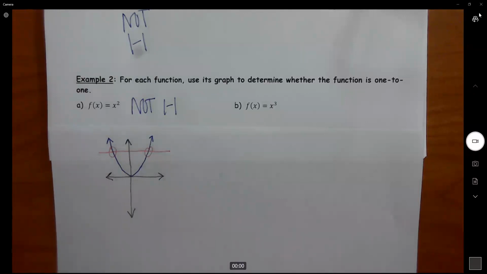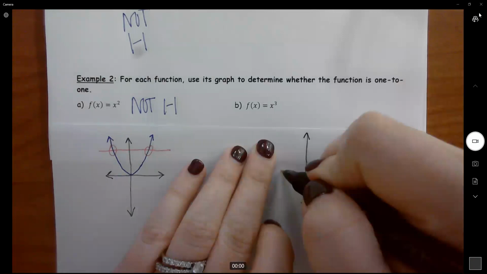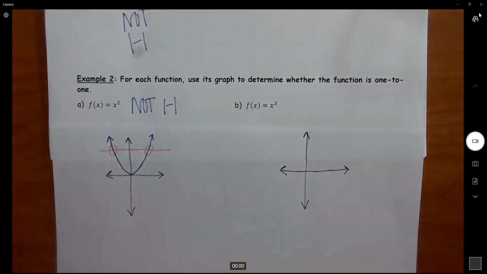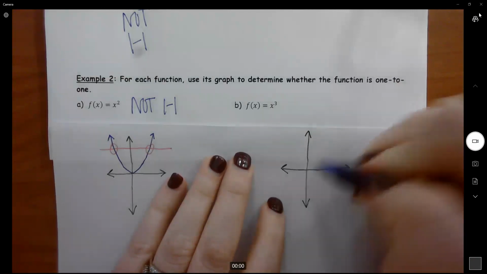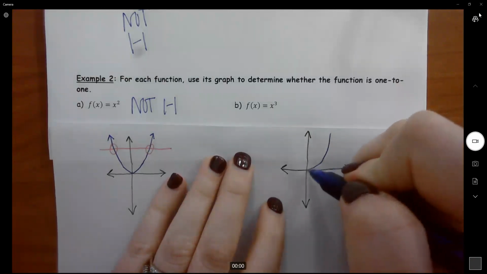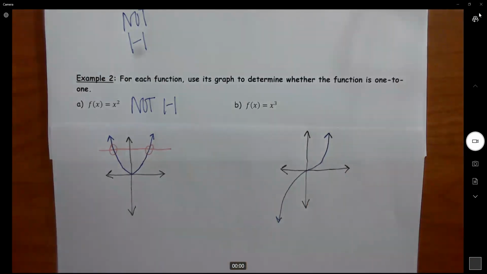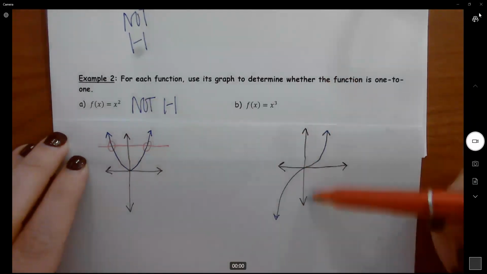This next one is x cubed, and we have dealt very little, honestly, with x cubed, but you can put that in your graphing calculator if you so wish. Go to y1 and put in x cubed. It looks something like that right there. And again, it tells me it's a function, so I know it's going to pass the vertical line test.